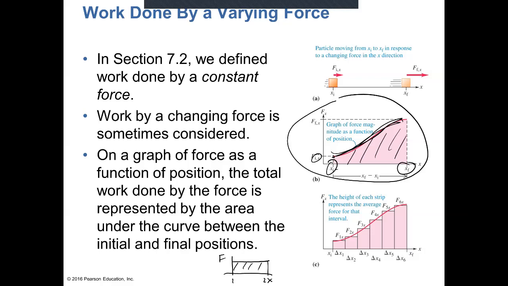For example, we can take a graph something like that and calculate the area under the graph to find the work done. Remember, work done equals force times distance, and you are plotting force versus distance. So if you have a force versus distance graph, any graph, you can find the area under the graph and find the work done.